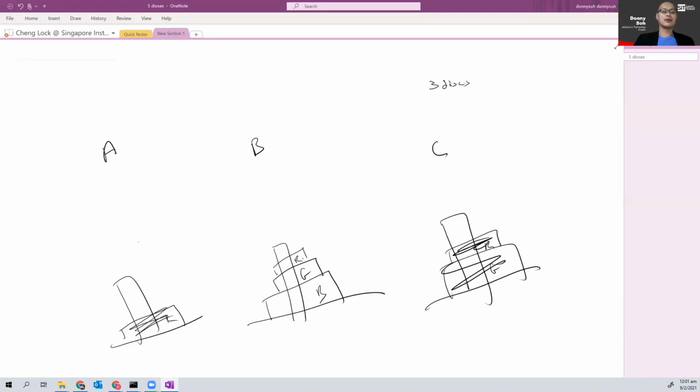So these are the steps we take to shift the disks around.